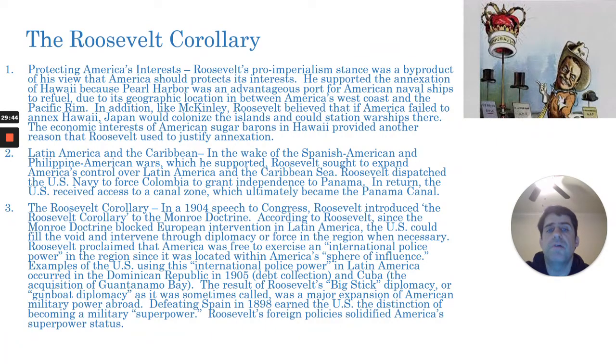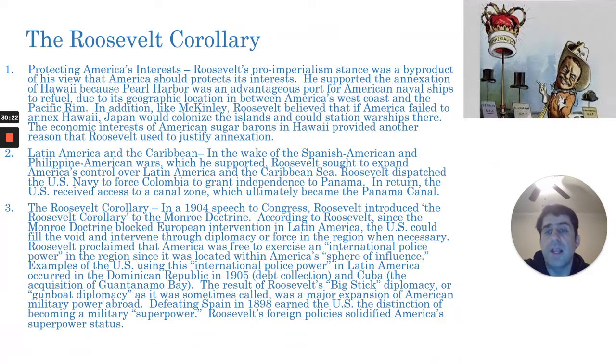Like McKinley, Roosevelt believed that if America failed to annex Hawaii, there was a strong likelihood that Japan would colonize the Hawaiian Islands, and they would be able to station their warships in Pearl Harbor and block America from access to Pearl Harbor, and that they would have a strategic position to potentially attack America down the road, just going from Hawaii to America's west coast.